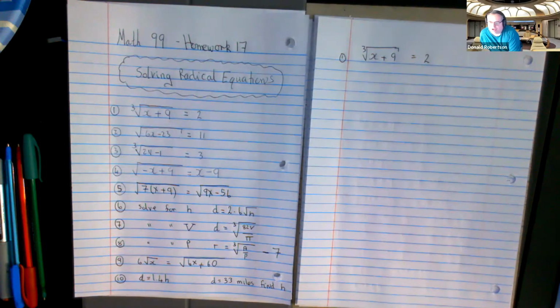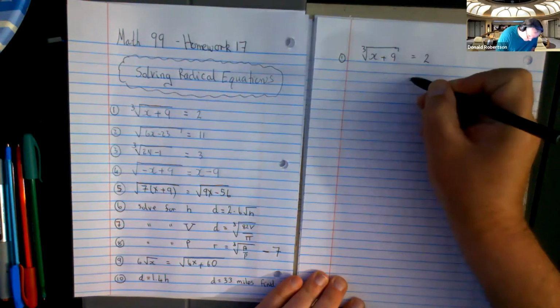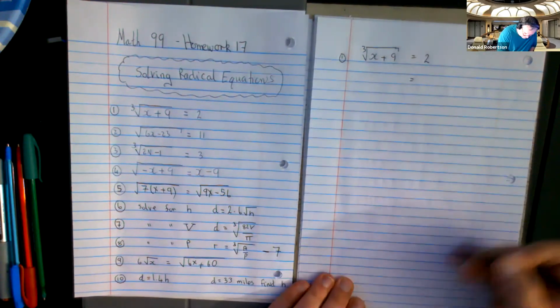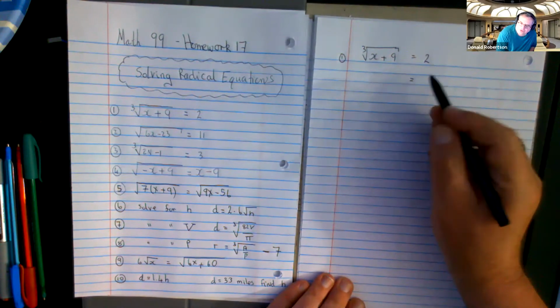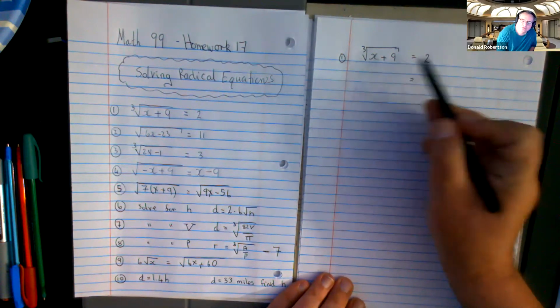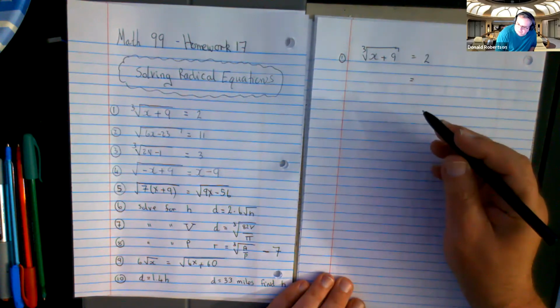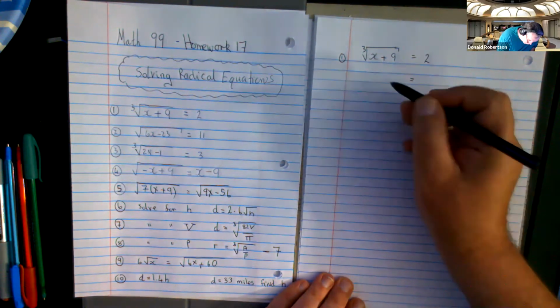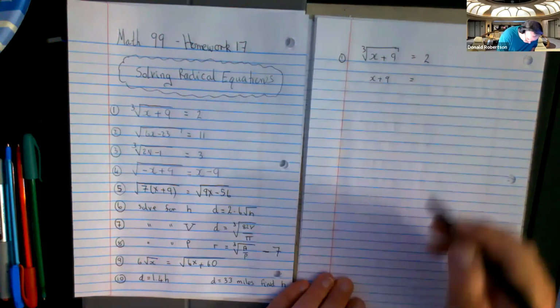How would you get rid of a cube root? What would you do to both sides? Any ideas? What would you do to get rid of a cube root? Well, maybe you were thinking about it, but didn't want to say it because you weren't sure.